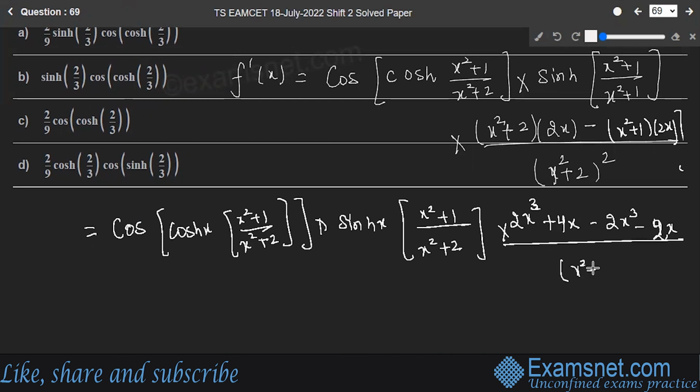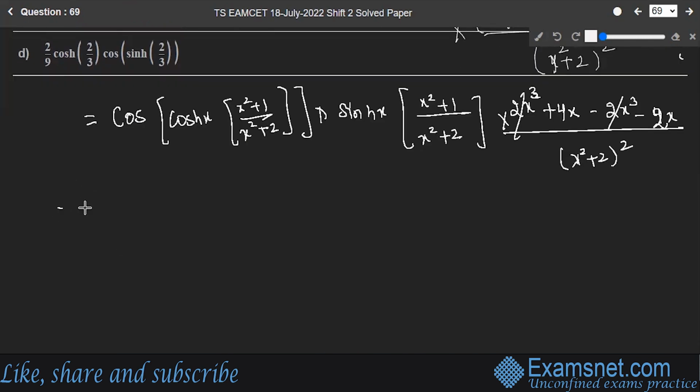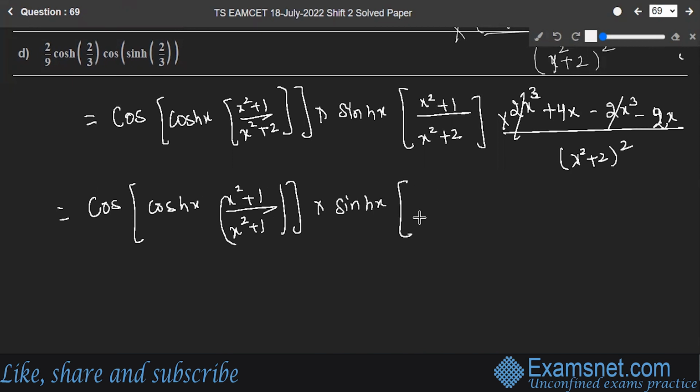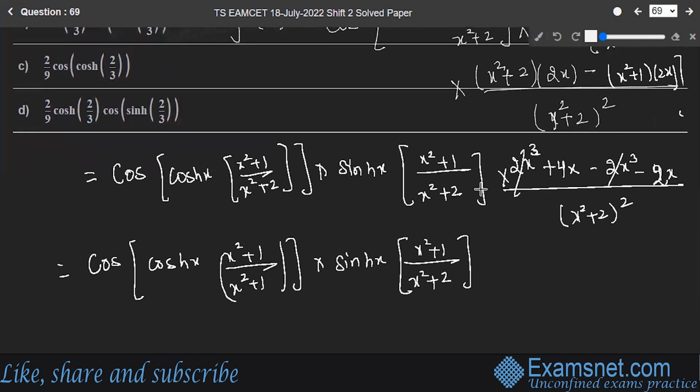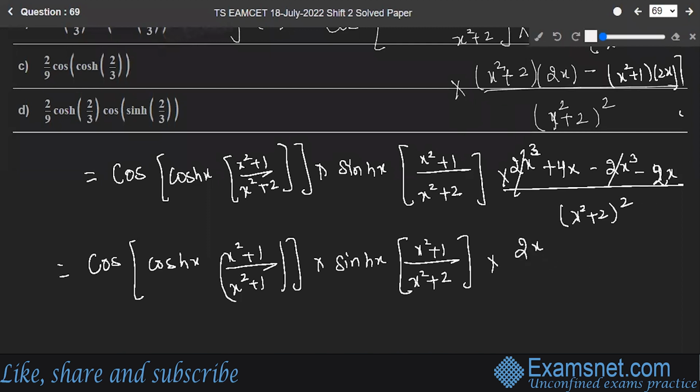So upon (x square plus 2) whole square, this cancels and you will have the derivative as cos of cosh of (x square plus 1) upon (x square plus 2) multiply sinh of (x square plus 1) upon (x square plus 2) multiplied by minus, okay, 4x minus 2x will give you 2x upon (x square plus 2) whole square.